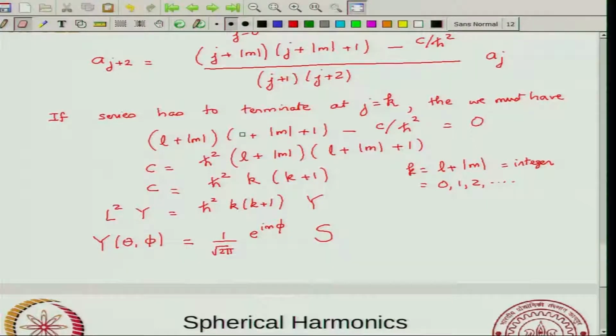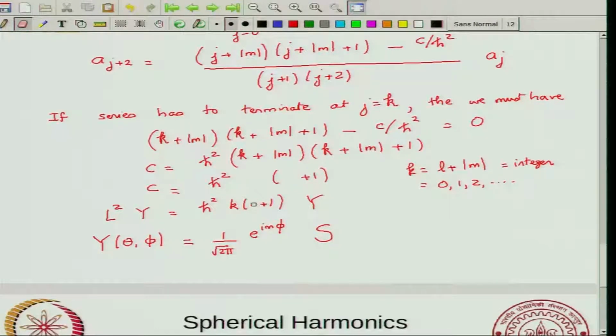Where the series terminates, I'll call it k, and I'll use L to denote the value of k plus m, just to be consistent with what you're used to seeing in various books.